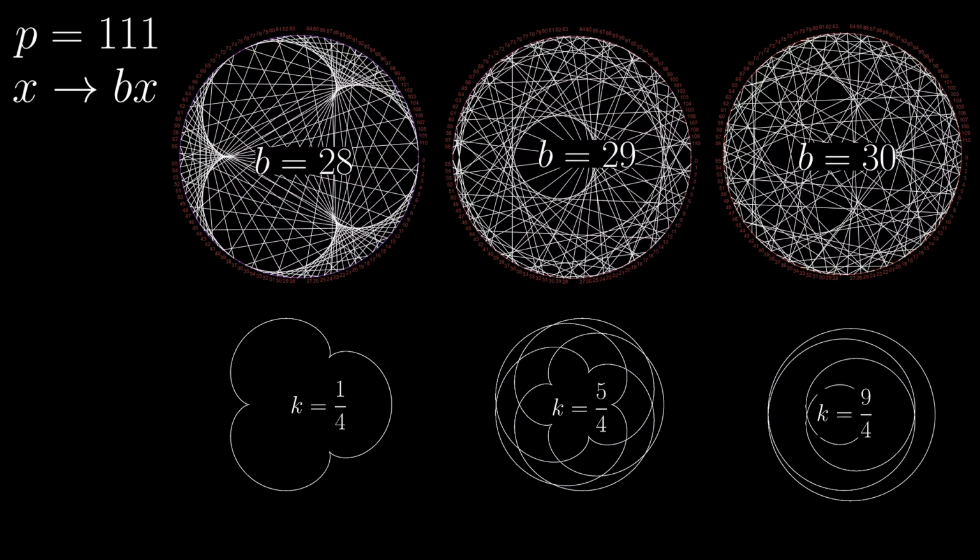In general, we have a conjecture. The key is the ratio of p over b. We define this ratio as n, where n is the square bracket of p over b, where square bracket denotes the nearest integer. Another important factor is the remainder.